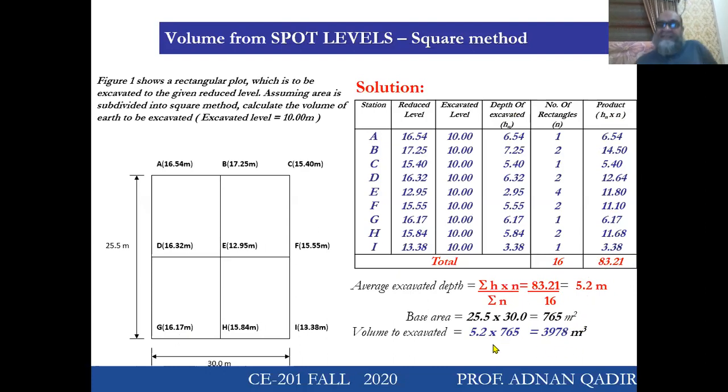Simple as that. All you need to know in this type of case is the average height, and once you know it, you can always find the area. That's very simple, and then area into height is volume.